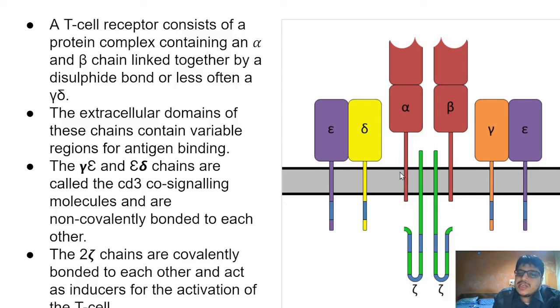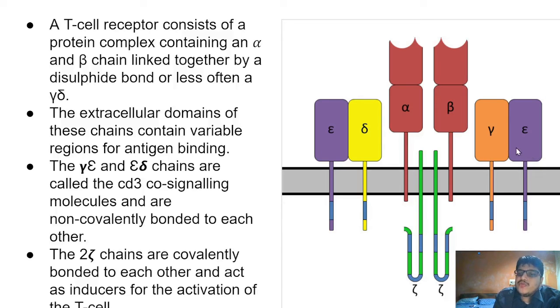So once again, this complex consists of the alpha chain and beta chain, which we have already discussed. It also consists of CD3 protein, which is actually these peptide chains that you see here. This is gamma epsilon.